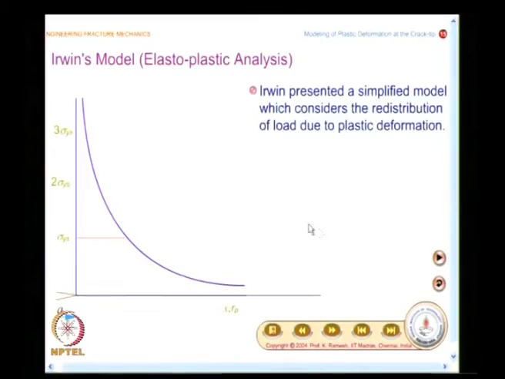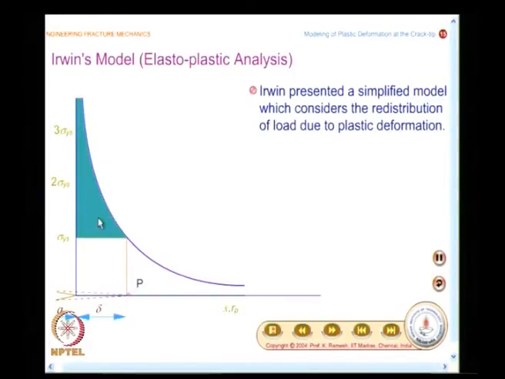When you say the stresses reach a value of sigma ys, in essence what Irwin argued was the extent of the plastic zone would become longer for redistribution of load to take place. And look at the animation very carefully, and that physics is illustrated here.